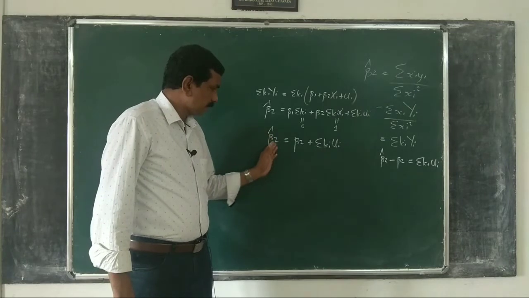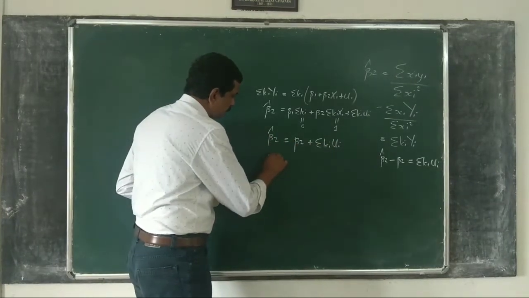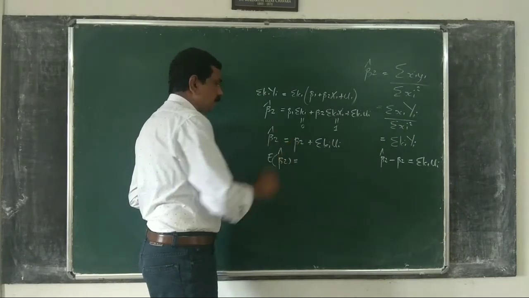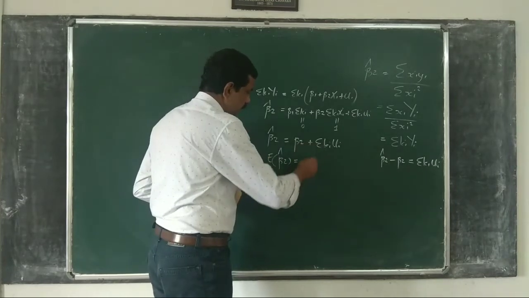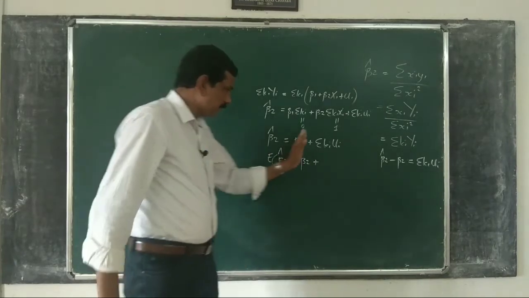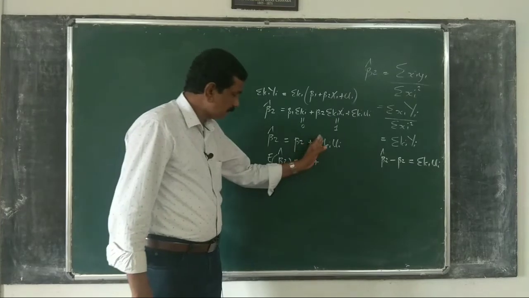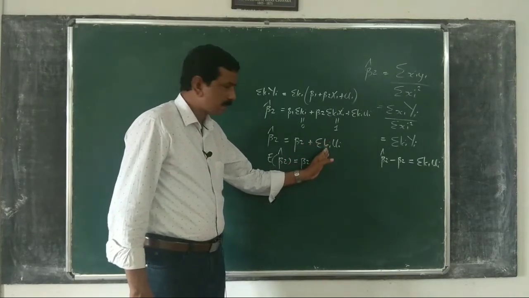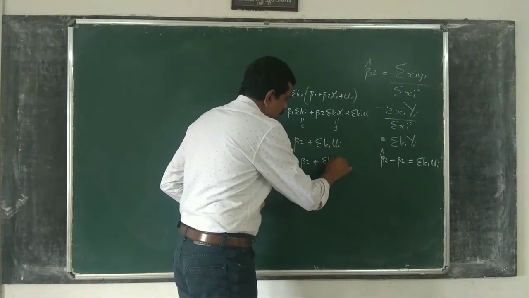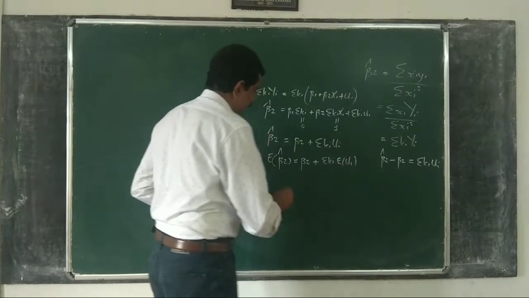Now beta 2 hat is equal to beta 2 plus sigma ki ui, and expected beta 2 hat is equal to, since beta 2 is a constant, its expectation is beta 2 plus, when we take the expectation of sigma ki ui, as ki is assumed to be a constant, it becomes sigma ki expected ui, and expected ui by assumption is equal to 0.